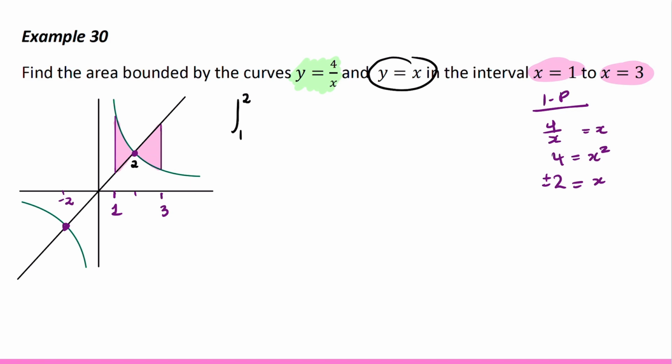So 1 to 2 of the green curve minus the black curve, which is x dx, and then we're going to add on the area, and this time it's between 2 and 3 of the black curve, so that's the line, minus the green curve dx.